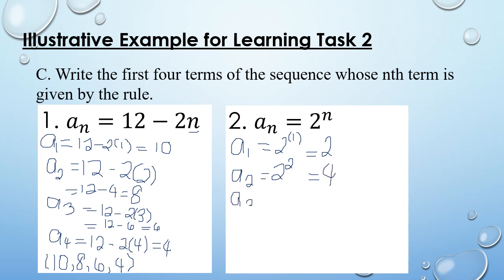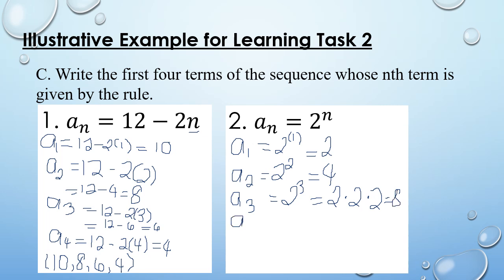A sub 3 is equal to 2 to the power of 3. So how do we get that? Just multiply 3 2's here. Parang sa mga nakalimutan na yung power. So 2, ibig sabihin meron tayong tatlong 2 na i-multiply. So 2 times 2 times 2, answer is 8.